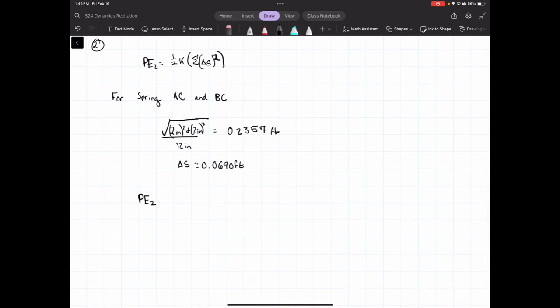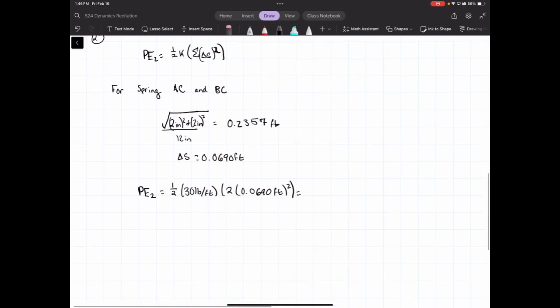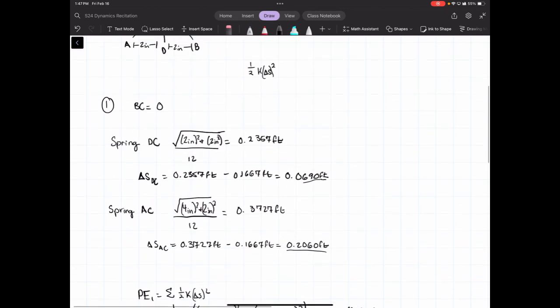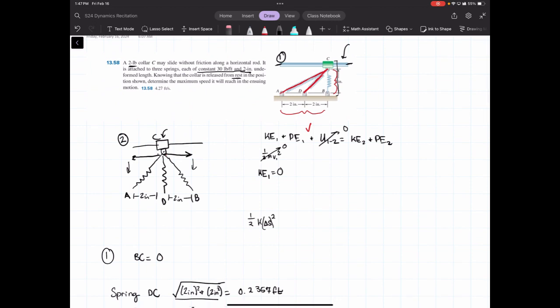So our PE2 is going to be 1/2 times 30 pounds per foot times 2 times 0.069 feet squared, and that's going to give us 0.1430 foot-pounds.